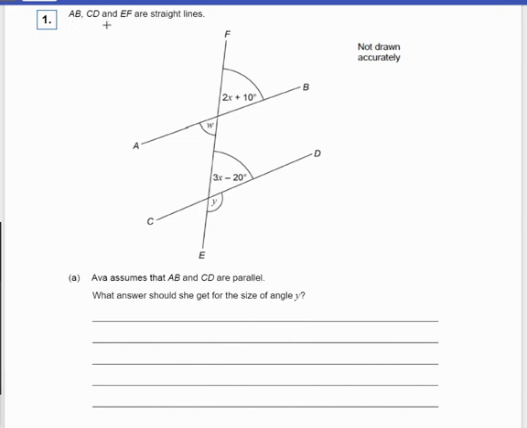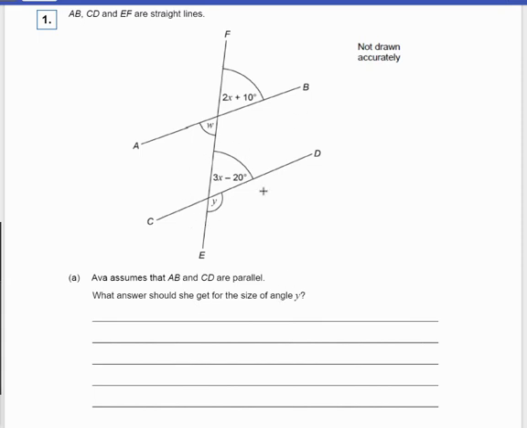We have AB, CD, and EF are straight lines, as shown. Ava assumes that AB and CD are parallel. So these lines, AB and CD. And what answer should she get for the angle y?